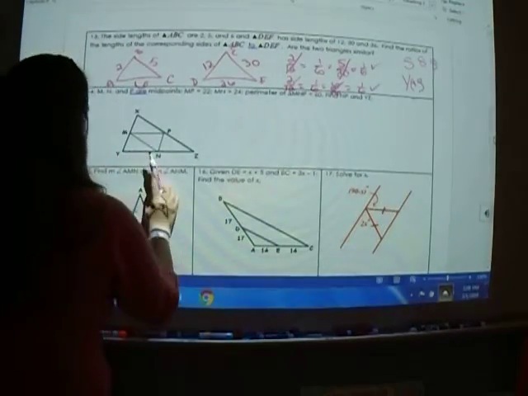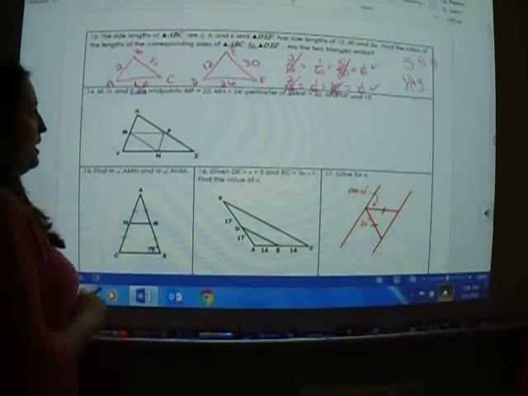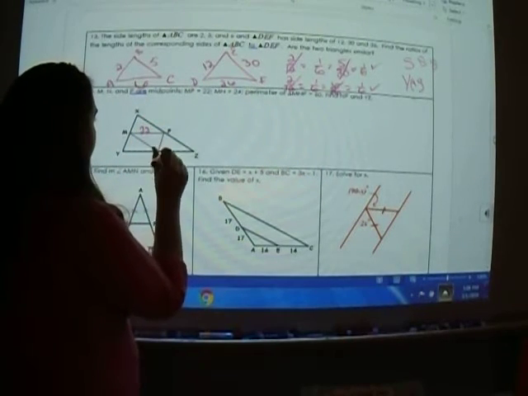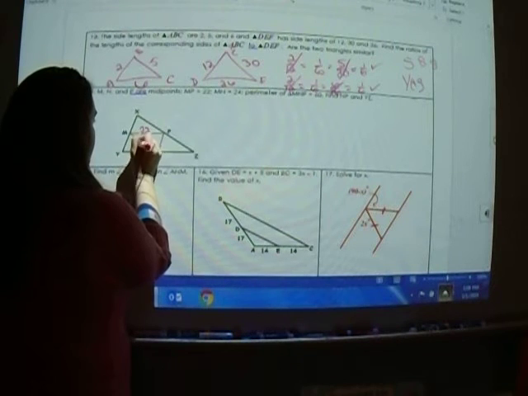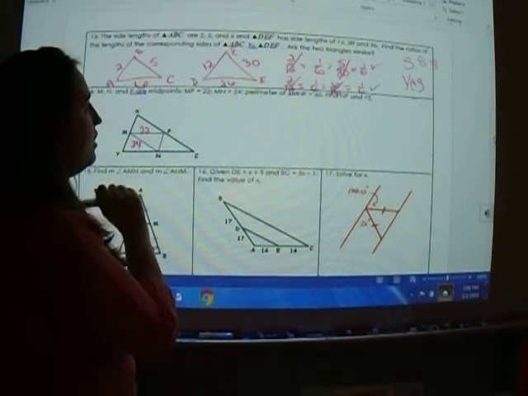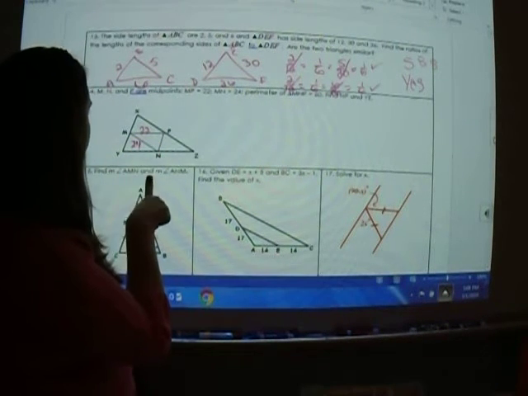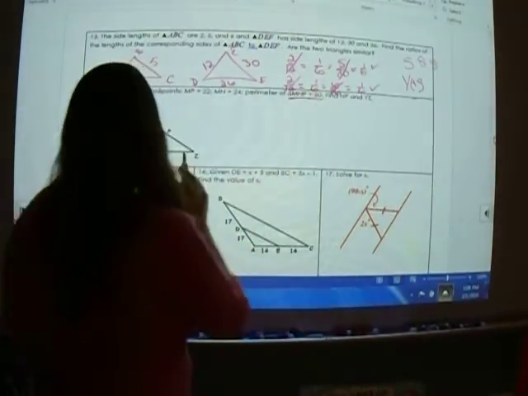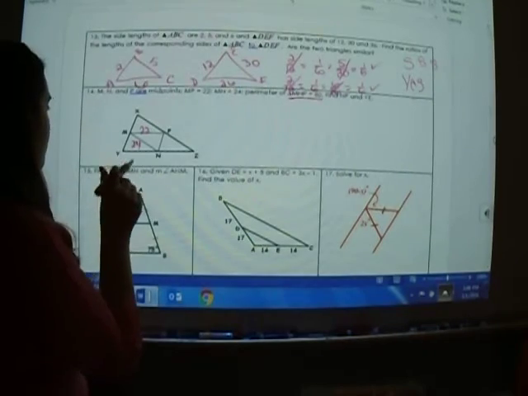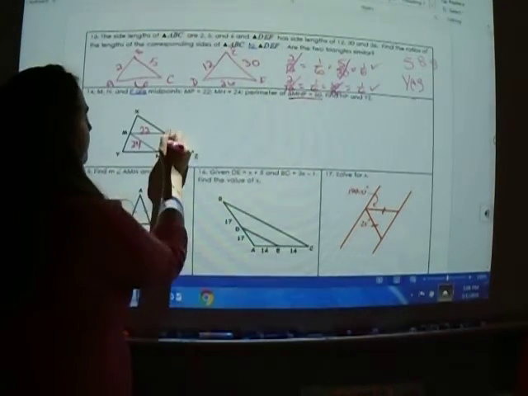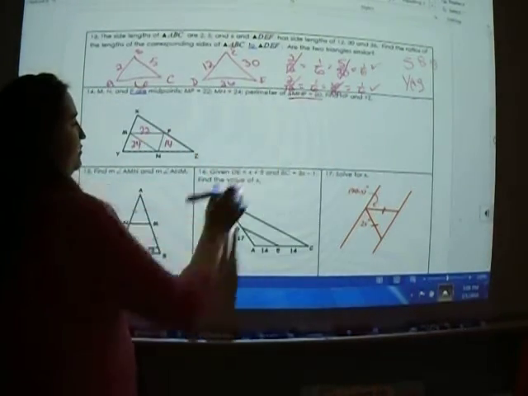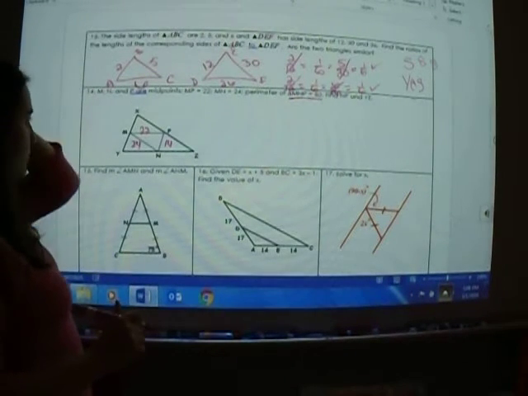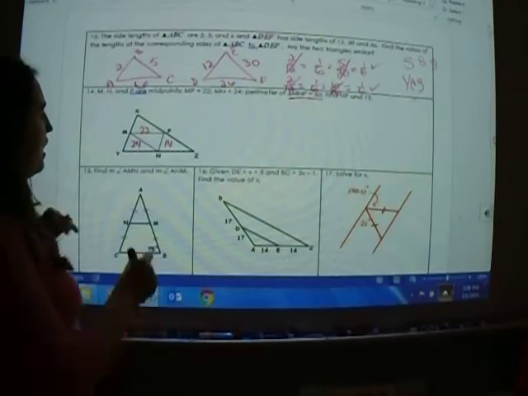So M, N, and P are midpoints, okay? MP equals 22, all right? MN equals 24, and the perimeter of MNP equals 60. So since that's the case, we do 46. This is 14. I just added these and subtracted from 60, right? Okay. So we're trying to find NP.